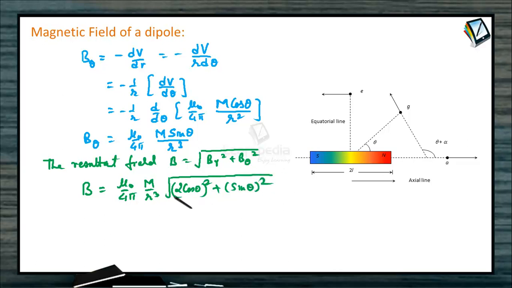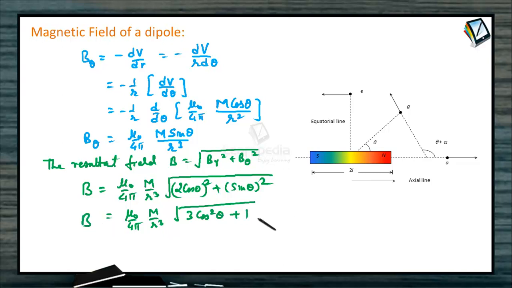So this can be written as 4 cos square theta plus sin square theta. Writing 4 cos square theta as 3 cos square theta plus cos square theta, and cos square theta plus sin square theta is 1, the remainder will be mu naught by 4 pi m by r cube into the square root of 3 cos square theta plus 1. This is the magnetic field at any point.